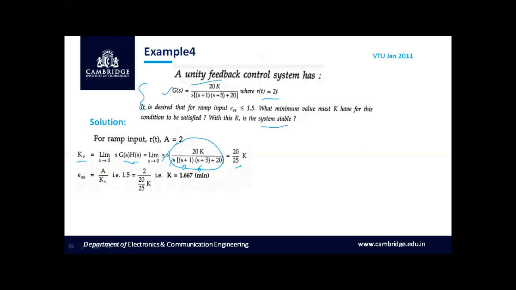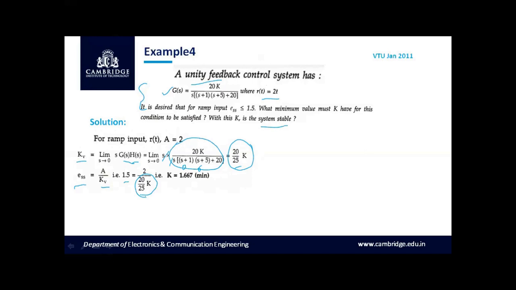Now, given ESS is equal to 1.5 in the question, hence we can write the formula for ESS as A divided by Kv, which is equal to 1.5. And we know Kv is 20 divided by 25 into k.